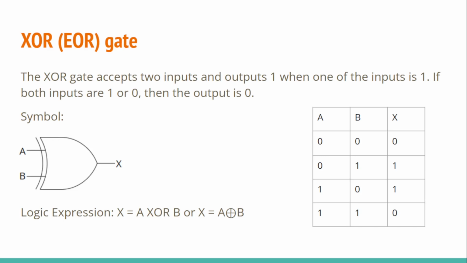The truth table shows the proof of the rule stated for the XOR gate, which means that the outputs can only be 1 when either of the inputs and not both inputs are 1.